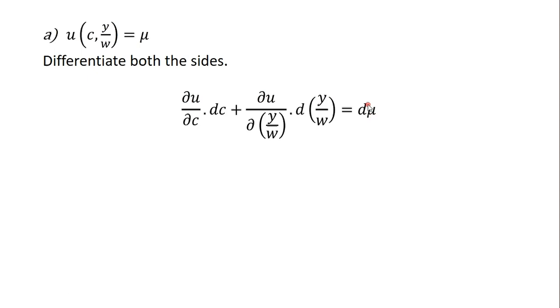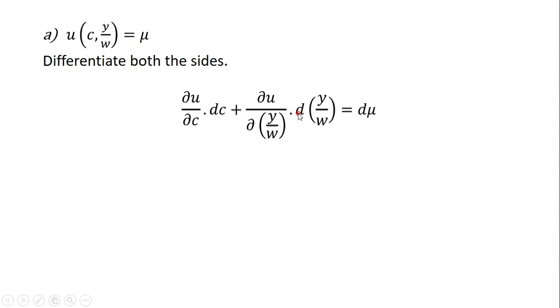We also know the indifference curve property: an indifference curve provides the same level of satisfaction throughout the bundles which lie on the same IC. That's why d mu becomes 0, and since W is a constant, we can write W outside this equation.